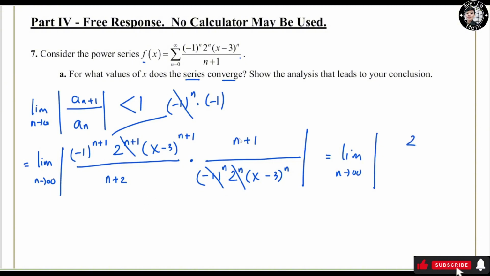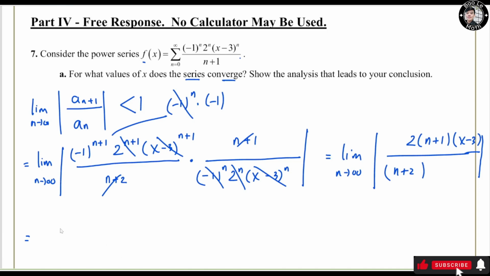Now this one, n plus 1, so it can be times n plus 1 over the denominator n plus 2, right? (s minus 3) raised to the n plus 1 and this one cancel out. You have s minus 3 left on the top, right?